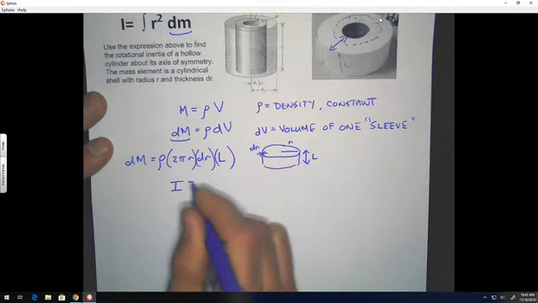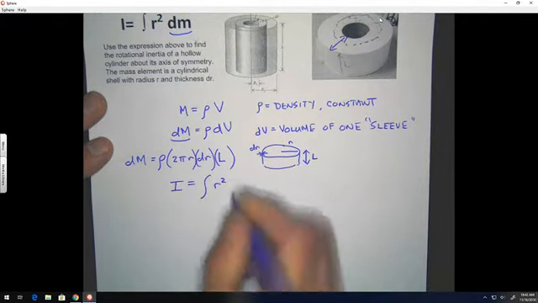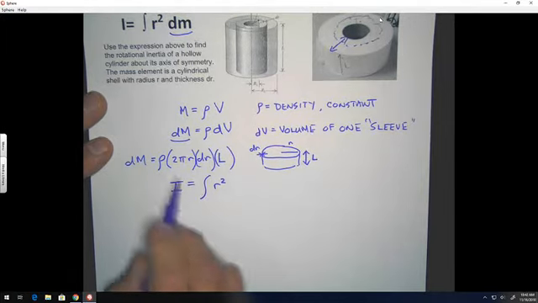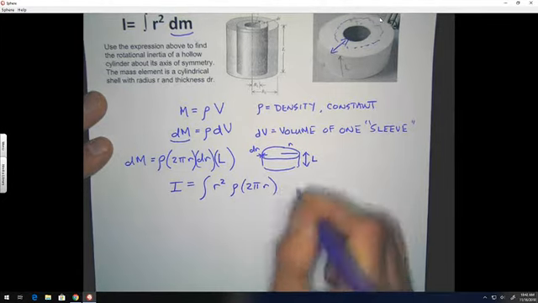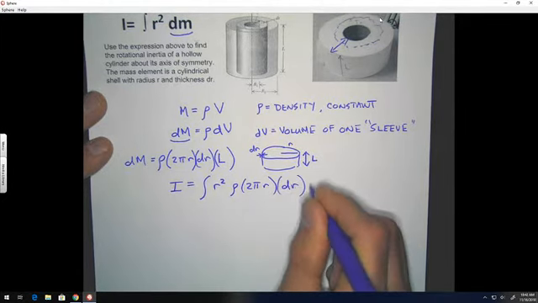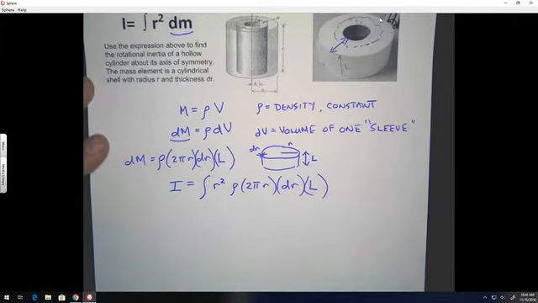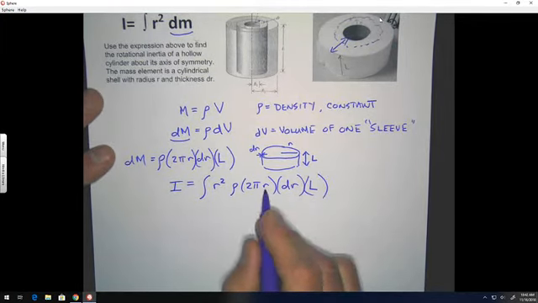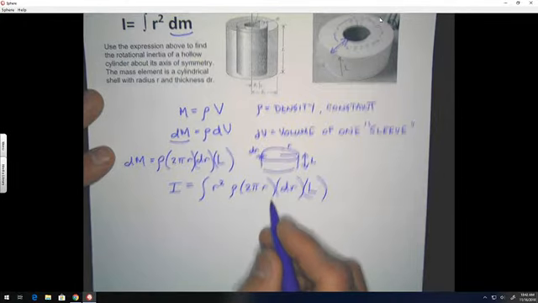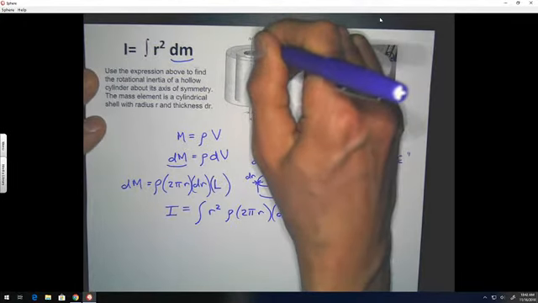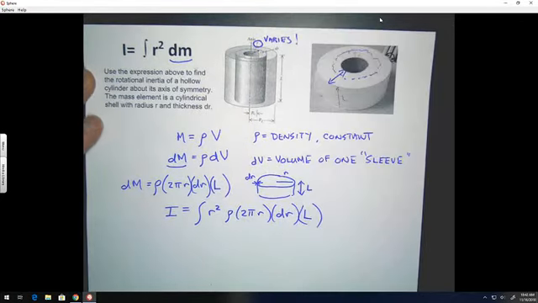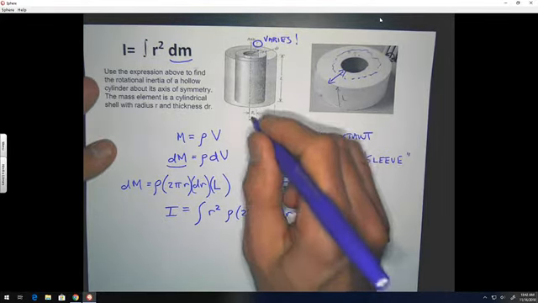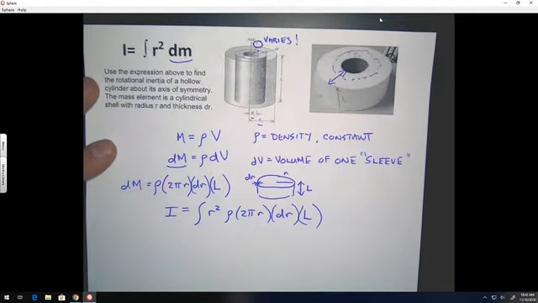Okay, so now let's go and substitute it in. So instead of dm, I'm going to actually write all this stuff. I'm going to write rho times 2 pi r times dr times L. And I want to remind you that r is actually a variable here. If you look up in our figure, I'm going to circle it, and I'm going to write the word varies, because that r is going to vary, meaning it's going to start off at R1 and go all the way out to R2.